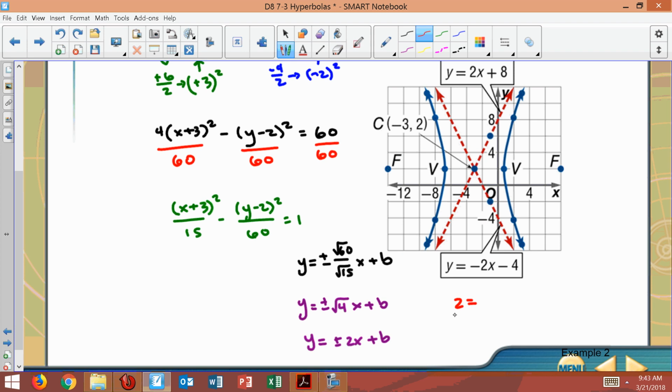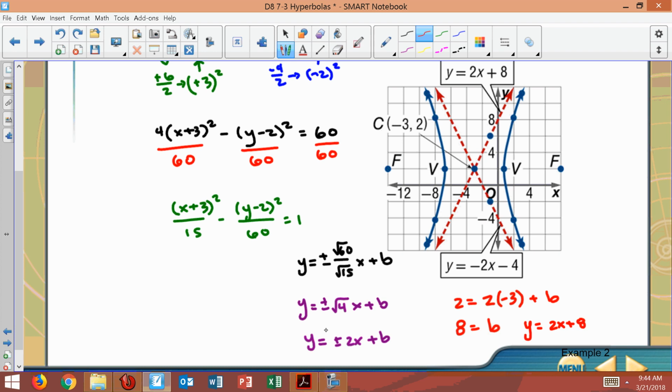So 2 equals, and I'll do the +2 first, times my x, which is -3, plus b. This is -6. You add the -6 over, you find out that 8 equals b. And so when I have the +2 slope, I should have 8, which I do. So that would give me y equals 2x plus 8.